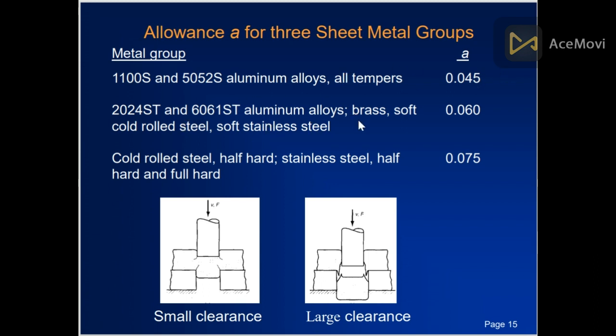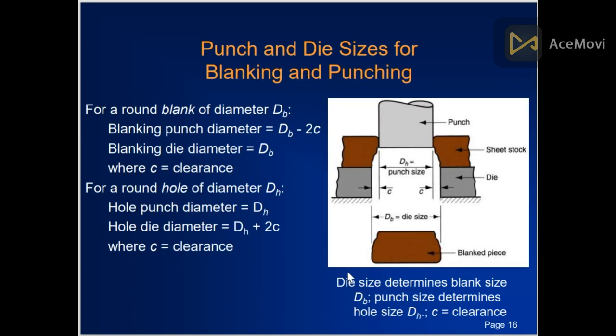For other aluminum alloys, brass, soft cold rolled steel and soft stainless steel, it is 0.060. For cold rolled steel and half hard and full hard stainless steel, it is 0.075. This is small clearance, double fracture. This is large clearance, excessive burrs and so on.